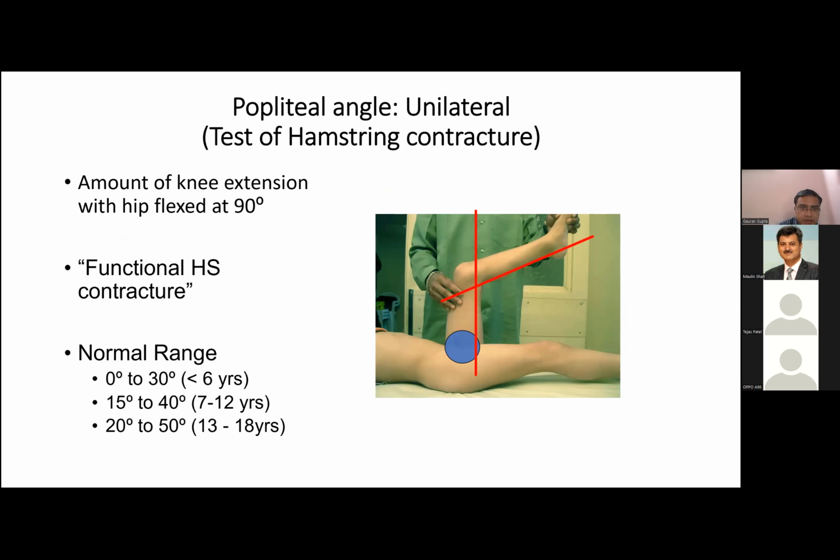That tells us the functional hamstring contracture. And normally, a child less than 6 years can have 0 to 30 degrees of popliteal angle, 7 to 12 years, 15 to 40, and 13 to 18 years can have 20 to 50 degrees of popliteal angle. Now this tells us functional hamstring contracture.